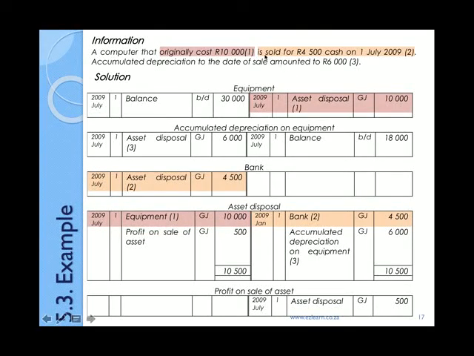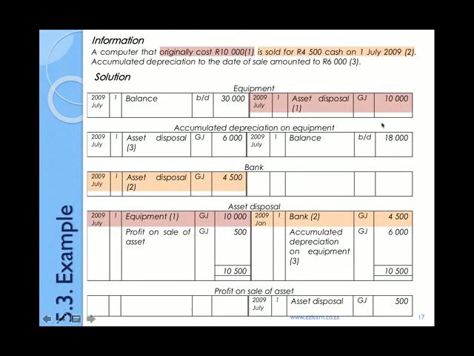We are then told that it was sold for 4,500 Rand cash on the 1st of July. There are 2 pieces of information here that are important. The first one is obviously the selling price, which means that bank is going to be debited with that 4,500 Rand because it tells you it was for cash. And you can show this on the credit side of asset disposal as the selling price.